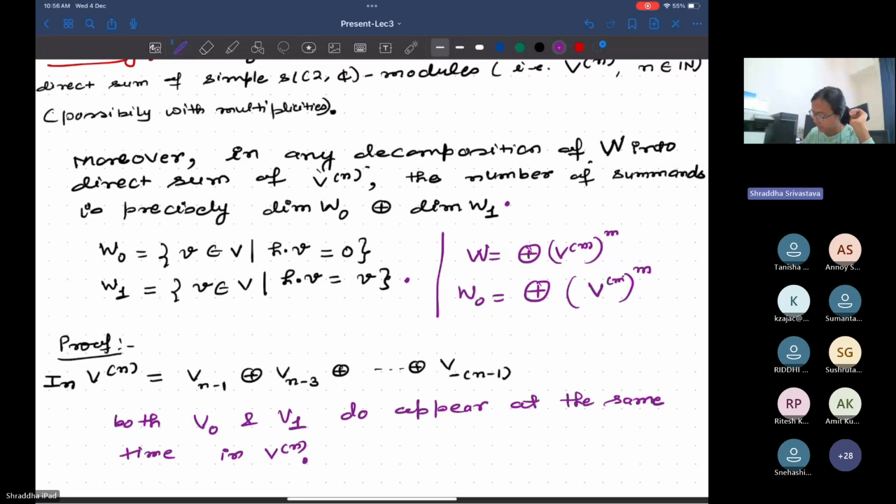Let me write this dependency on n as well. So this is the zeroth eigenspace, which I'm just writing as W0 in this setup, and similarly for the odd one, I'll just write similarly.